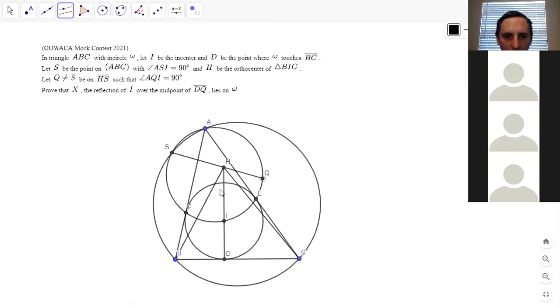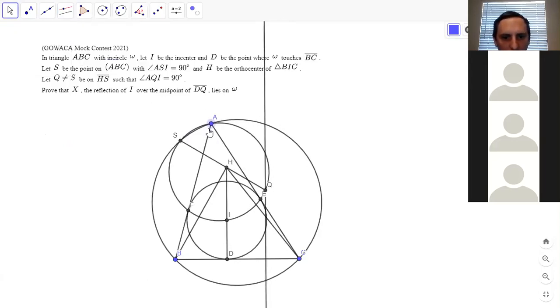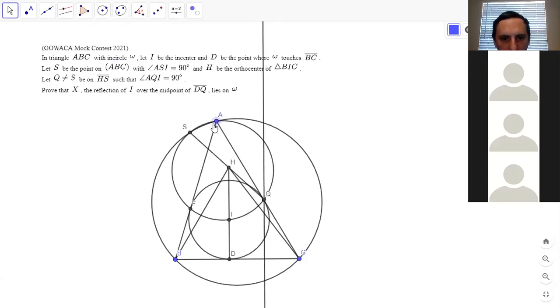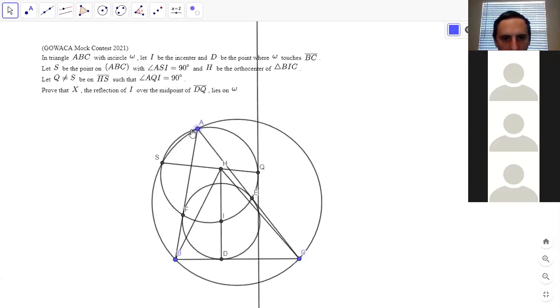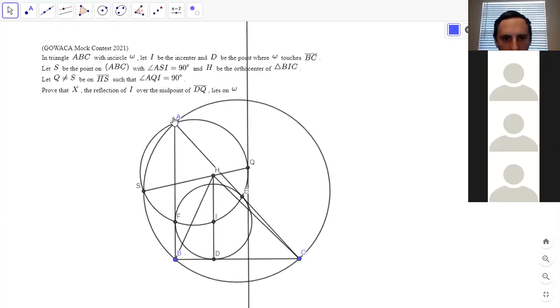Will it intersect EF and BC? Let's see. Sorry. Let me make it so that it doesn't look like it's tangent to that circle. Maybe that's better.